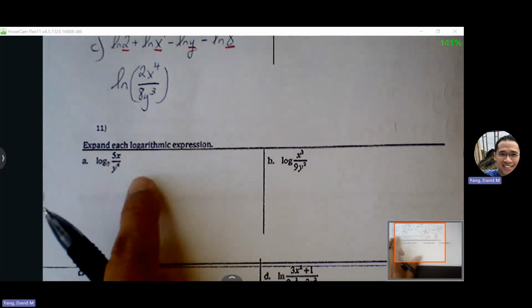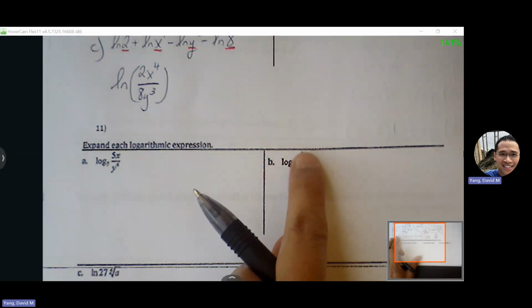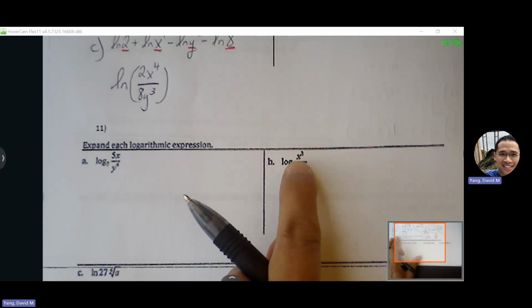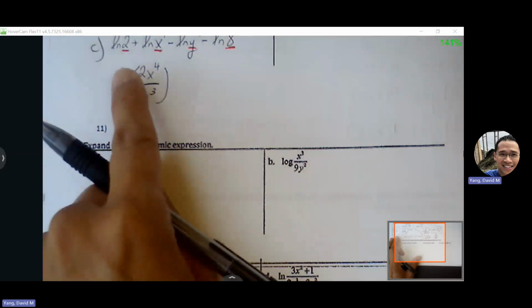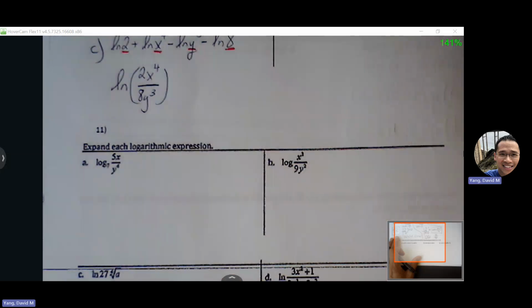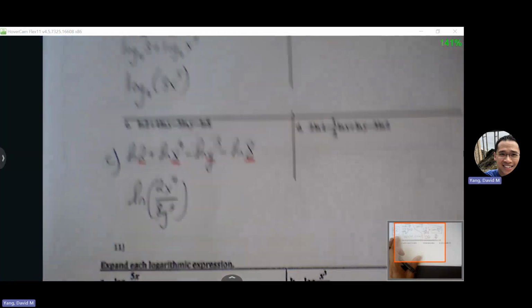Likewise, if I want to expand my log expression, I'm going to look at every one of my terms here and then just decide where they belong. If something is part of a numerator, then it'll be part of a positive log. If a term is in the denominator, then it'll be part of a negative log. So if we expand, we want all the pluses and minuses to show up.